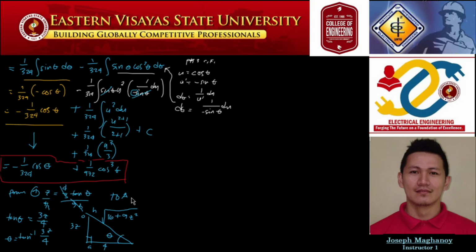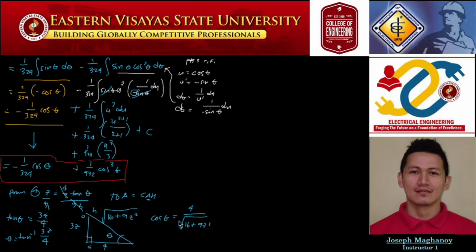We need cosine. So what is our cosine? Cosine is adjacent over the hypotenuse. Therefore, our cosine theta is adjacent 4 over the hypotenuse, which is equal to square root of 16 plus 9z squared.